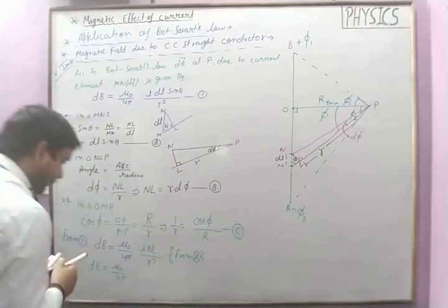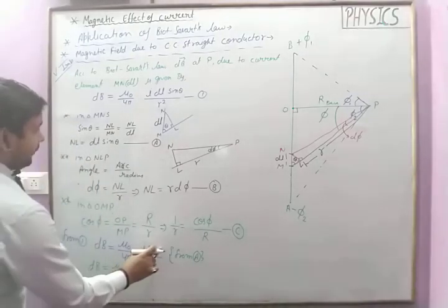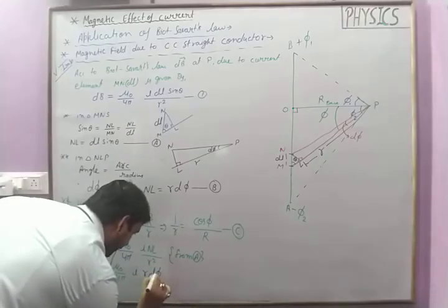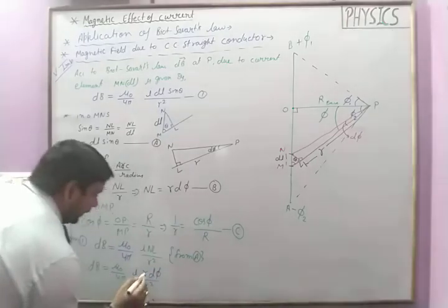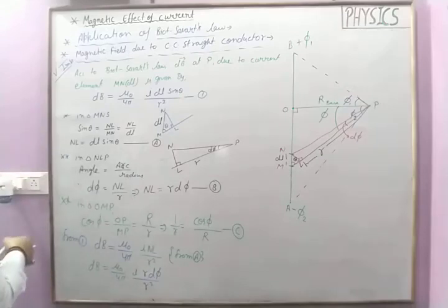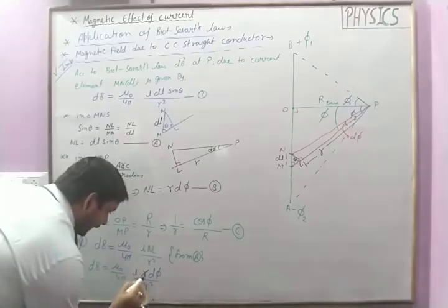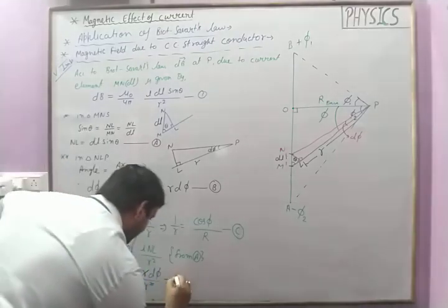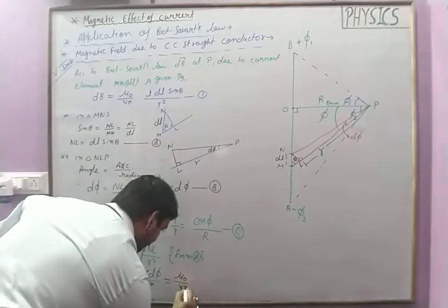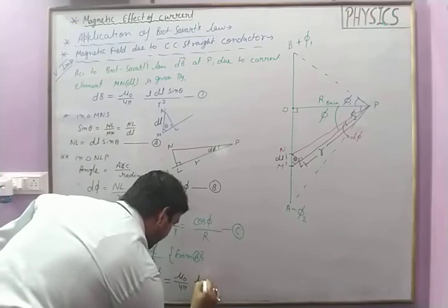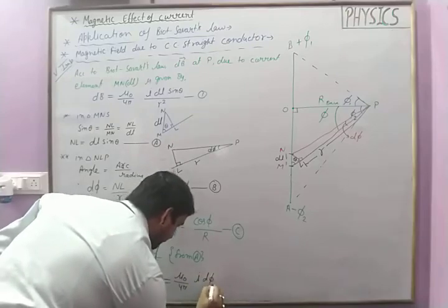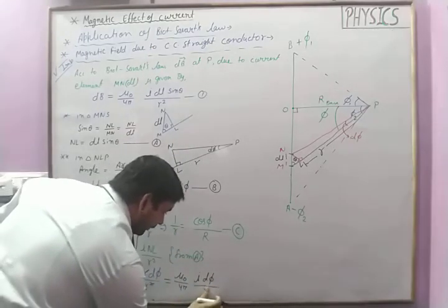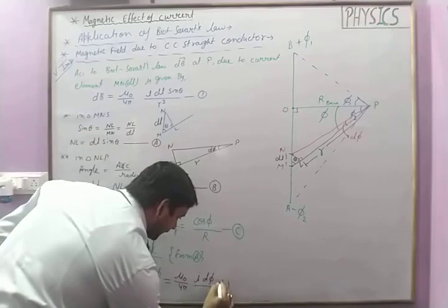Now here we use in place of NL, R d phi, R d phi upon r square. So students, here this r cancels this and we get mu naught upon 4 pi I d phi upon r, and we can also write it as 1 upon r. Clear?